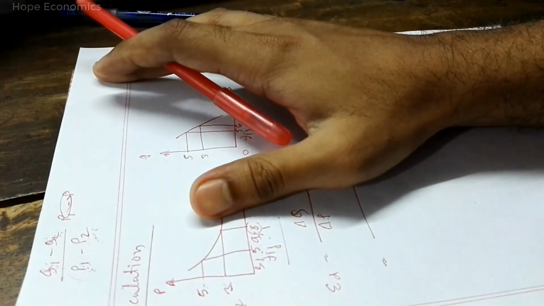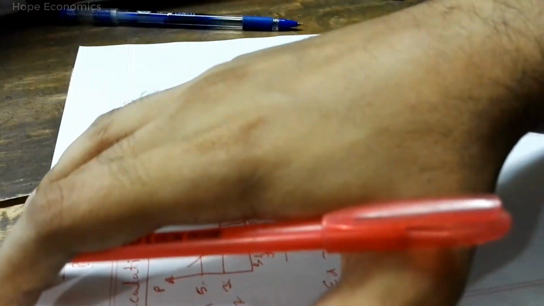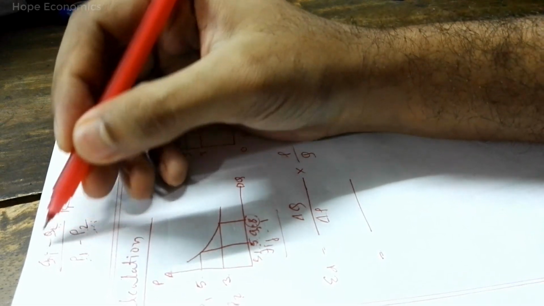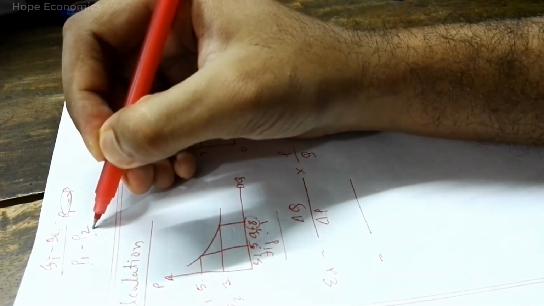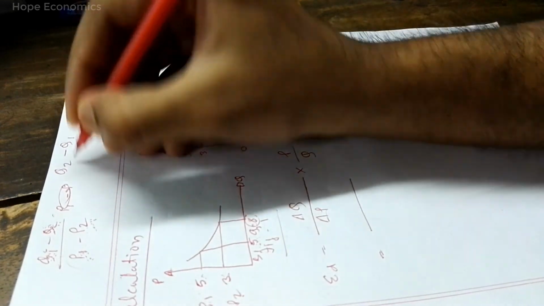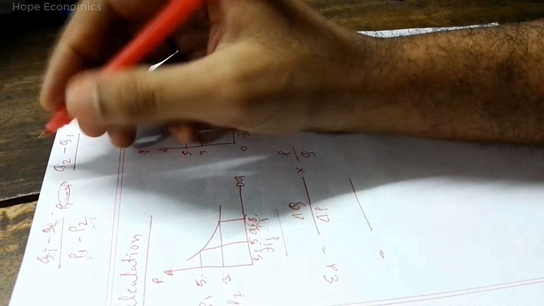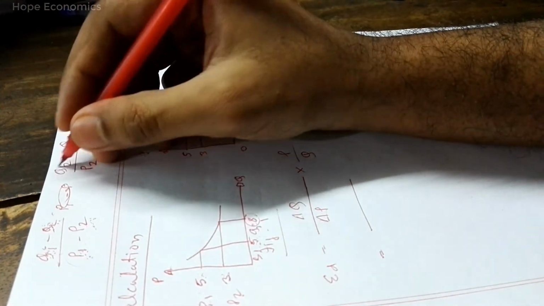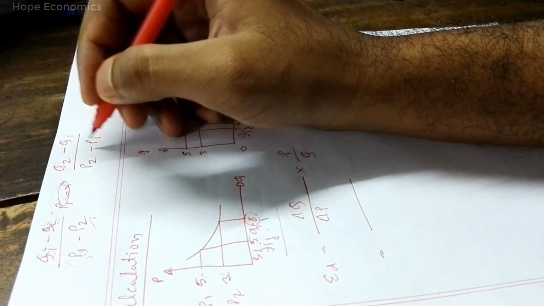If you wrote Q1 minus Q2, you have to write P1 minus P2. On the other hand, if you wrote Q2 minus Q1 on top, you have to write P2 minus P1. You can't exchange them in either case.